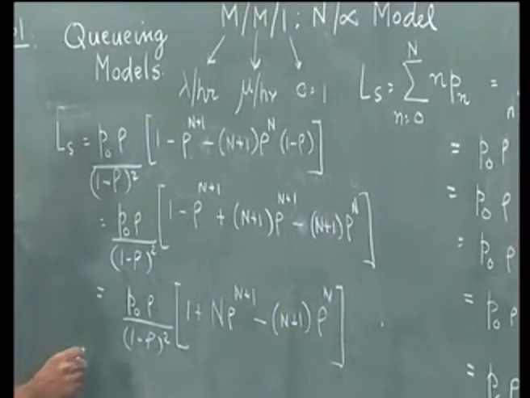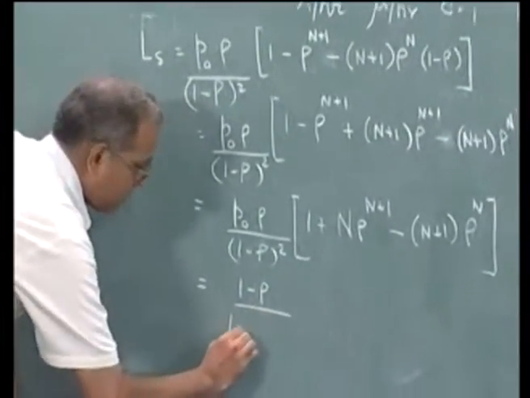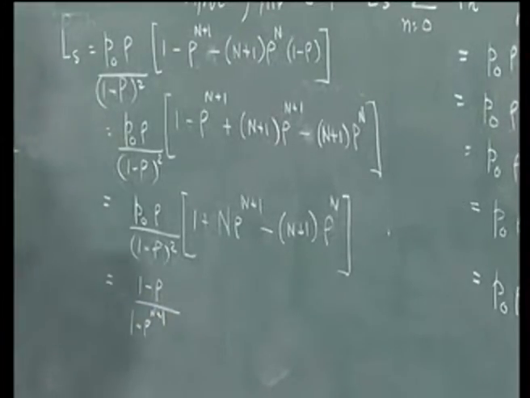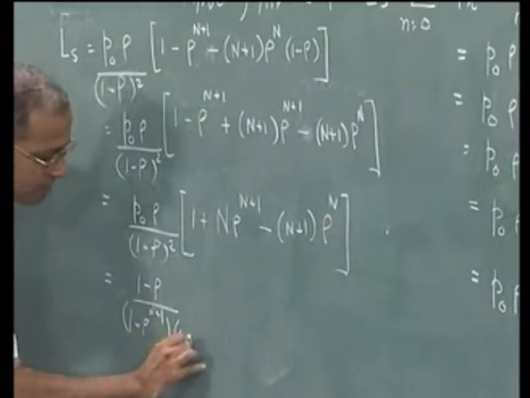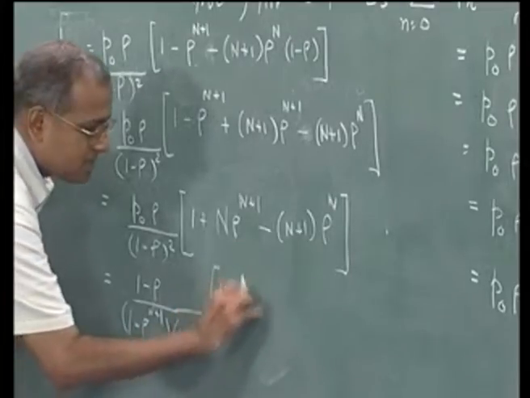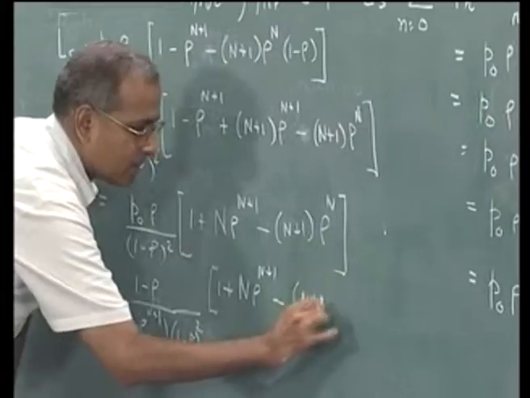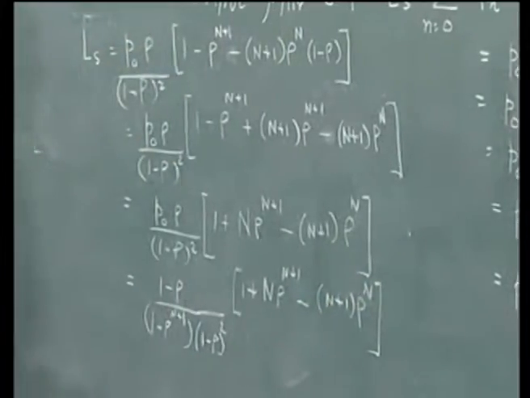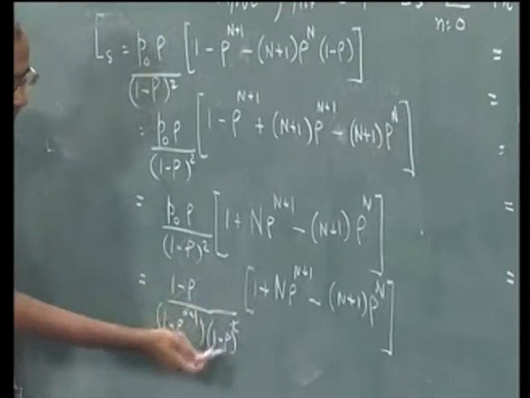Now, I expand this P naught. Now, this P naught is 1 minus rho by 1 minus rho to the power n plus 1 and I have a 1 minus rho square already. So, this into 1 plus n rho to the power n plus 1 minus n plus 1 rho to the power n. Now, again one of these will get cancelled here, this will go, this will remain.